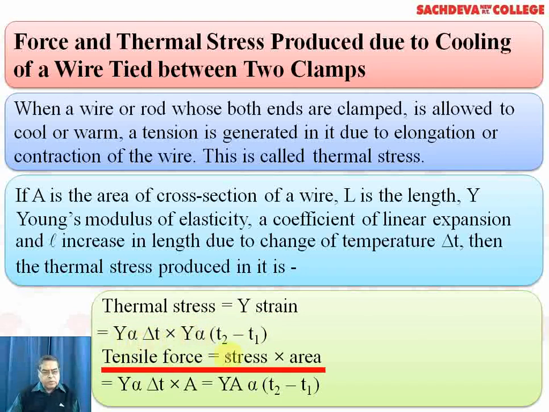For the tensile force, force means stress into area. So tensile force is Y alpha delta T into area, which can be written as YA alpha into (T2 minus T1), because delta T will be T2 minus T1, that is the change in temperature.